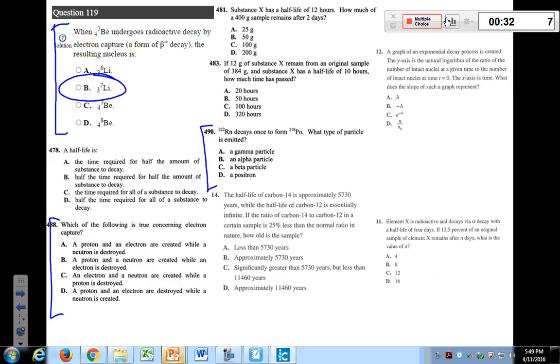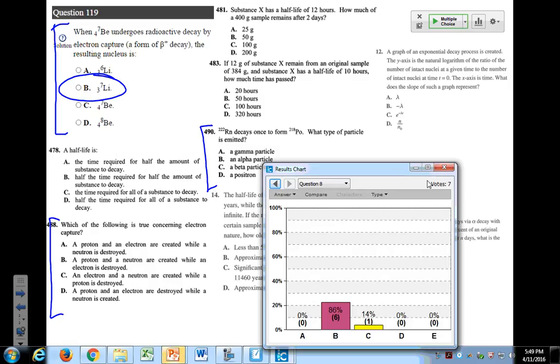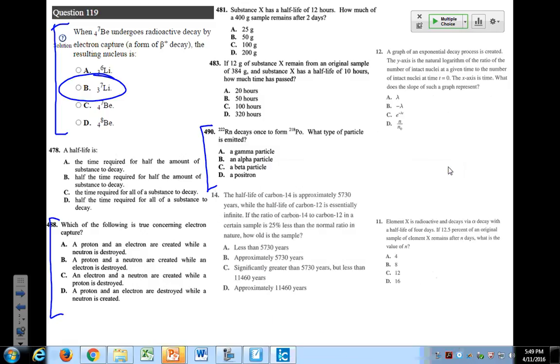All right, I'll stop at 35. B is right. My mass number is going down by 4, so that should key you off right away that I'm looking at an alpha particle, which is a helium nucleus. All right, and 488.